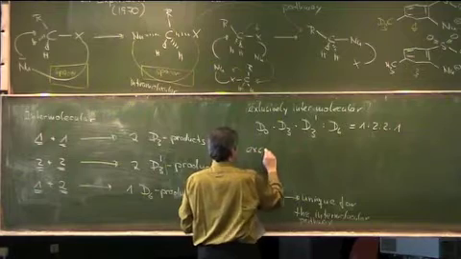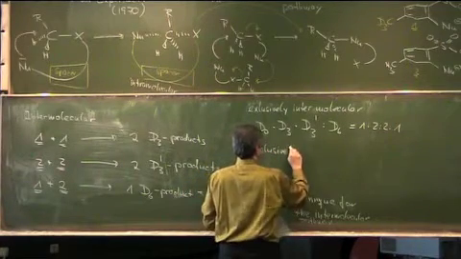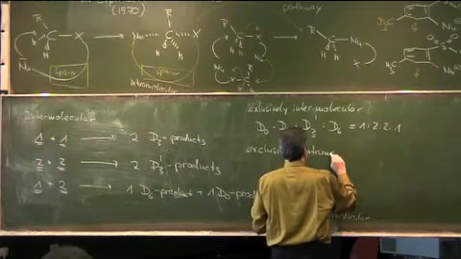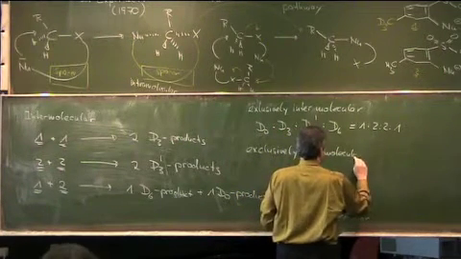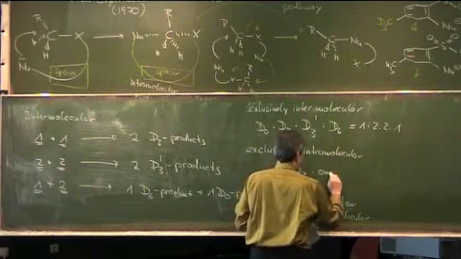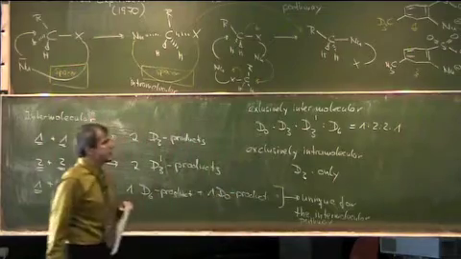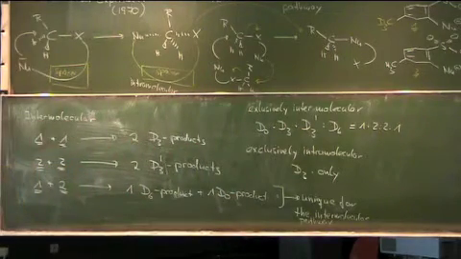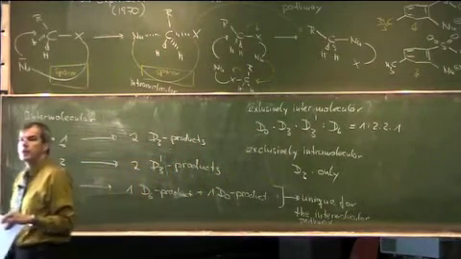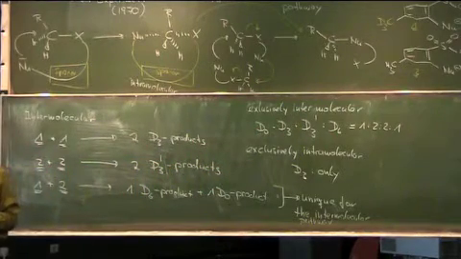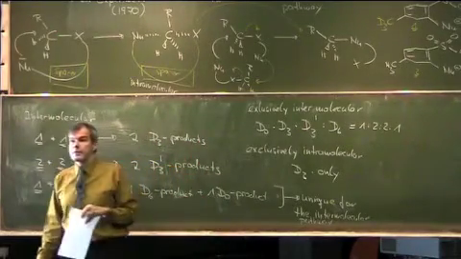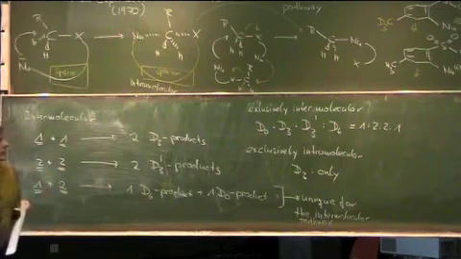And if it is exclusively intramolecular, it would be D3 only. And so with this, it's very simple, because it is very easy to analyze this by mass spectrometry, where you are able to measure molecular masses very accurately.